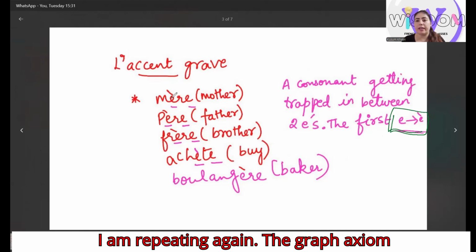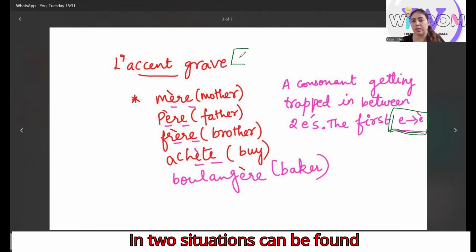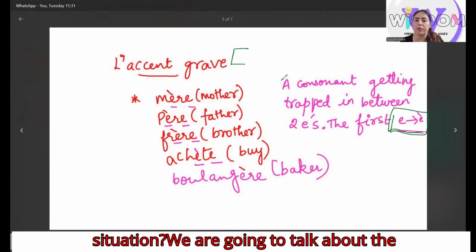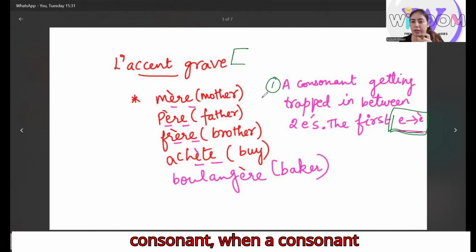I'm repeating again. The grave accent can be found in two situations. What is the first situation? When a consonant gets trapped in between two E's.